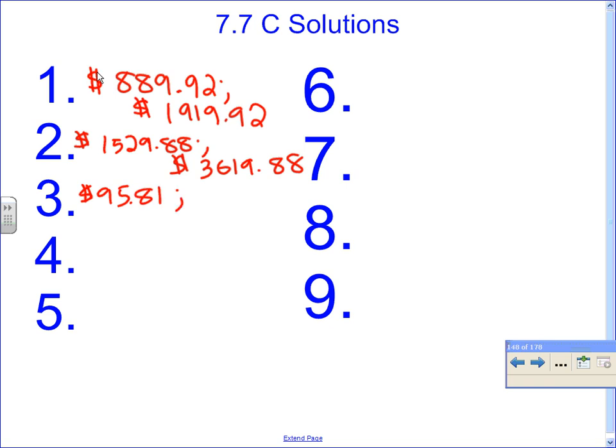Perfect. Mine's 81, but if you have 82, you're fine. I'm guessing that's just how you rounded. So if you're a penny off, like whether I'm off or you're off, you're fine. Okay. Number 4, I need both. Mary?